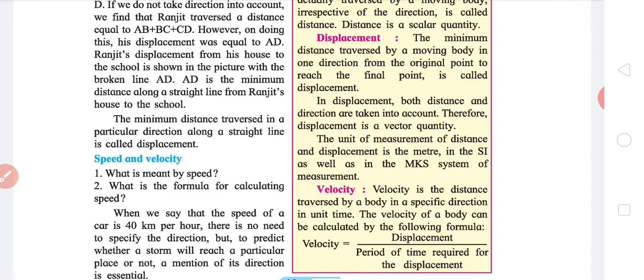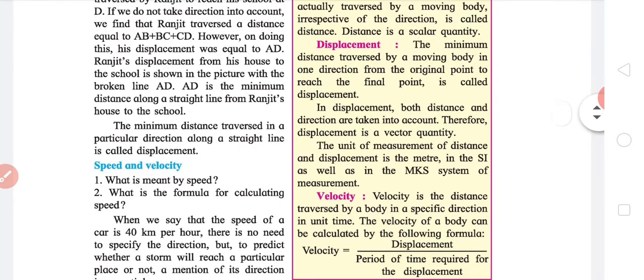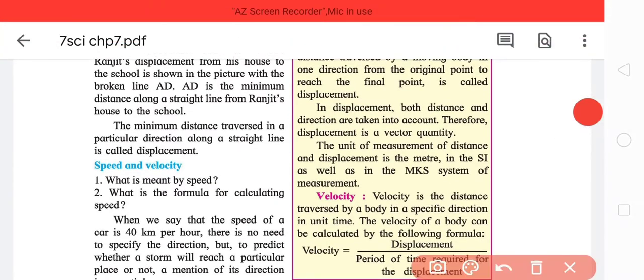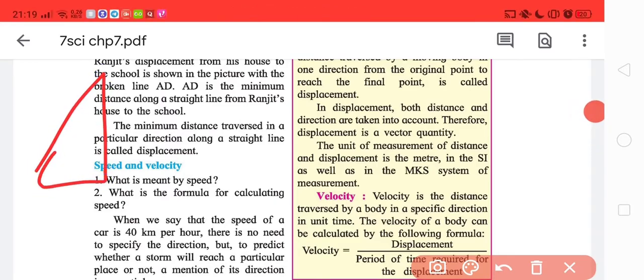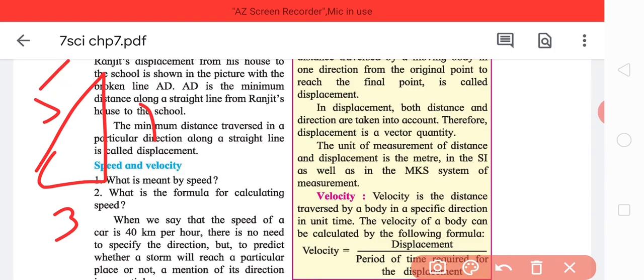Displacement is a vector quantity, so to calculate displacement, both distance and direction are taken into account. I'll redraw the figure. As I redraw this figure, 3, 4, 5, the displacement would be 3 units to the left.